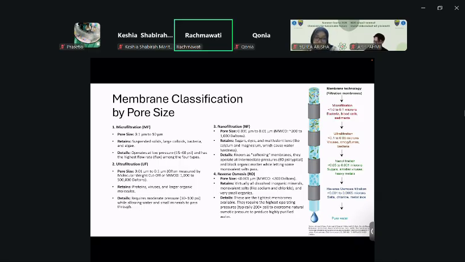There is also reverse osmosis. The reverse osmosis has an even smaller size, less than 0.0001 micrometer, so less than 10 nanometer. So virtually all dissolved inorganic minerals, monovalent salts like sodium and chloride, and very small organics can be filtered out.